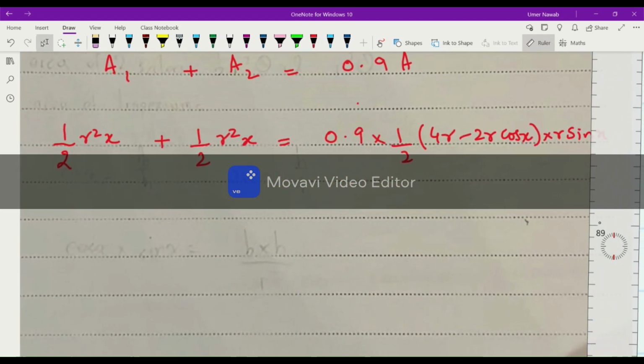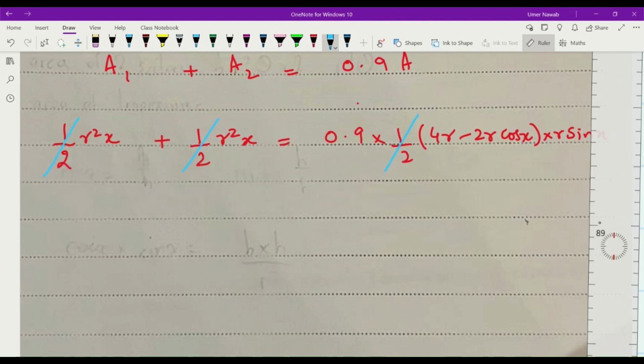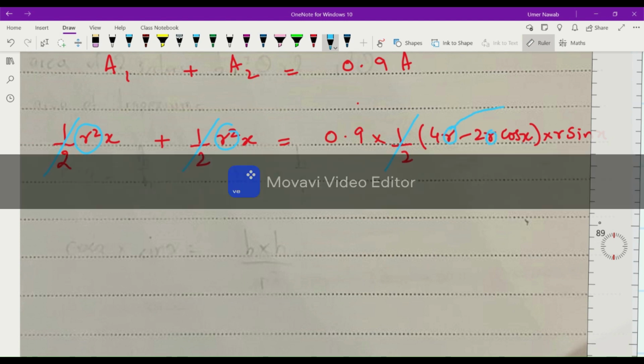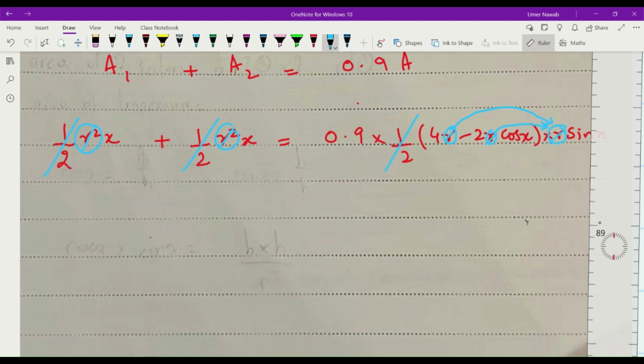Now in this expression, it would be easier for me to cancel half, half, and half. Also, r squared is in this term and r squared is in this term. And why not take this r common outside. When I take it outside, it will also become r squared. So it would be better to cancel r's also. Clear?